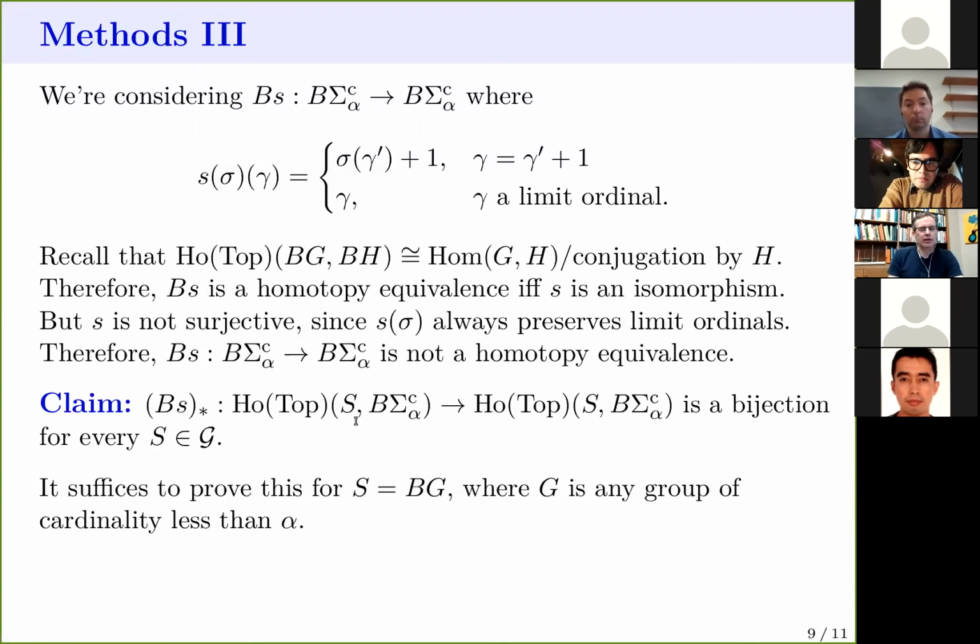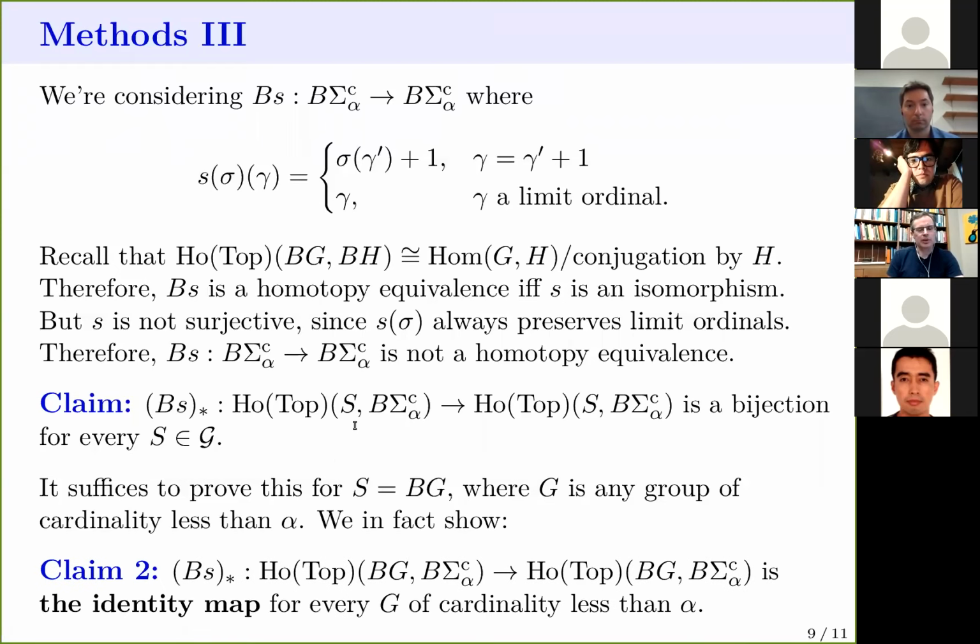And the one truncation of a connected space is just the classifying space of its pi1. And we chose this alpha so that all of the pi1s of these spaces have cardinality less than alpha. So if I check it for every BG, where G is a group of cardinality less than alpha, then it'll be true for all the spaces S that I started with. And for such a space BG, I get an even stronger claim. Not only is this map a bijection, it's actually the identity map. That's what I claim.